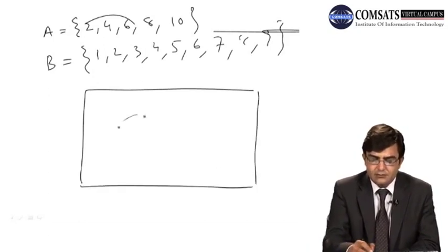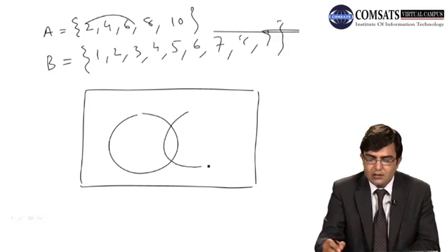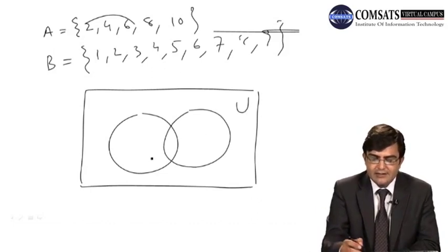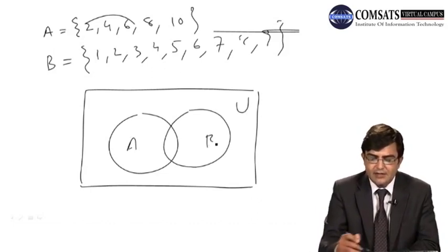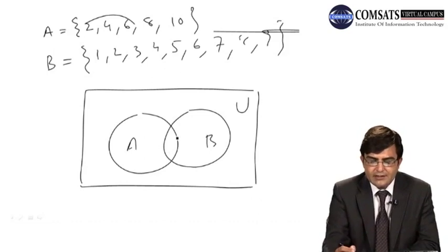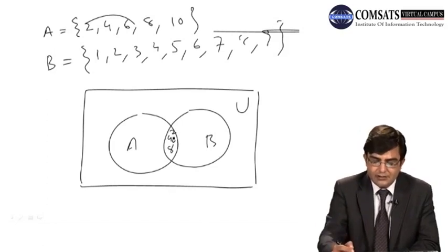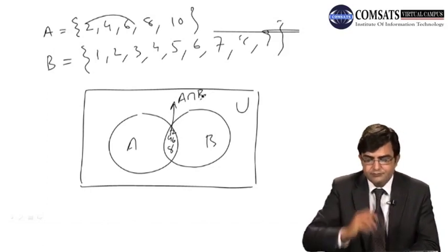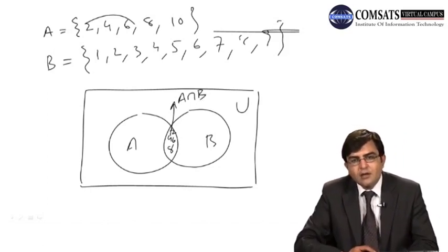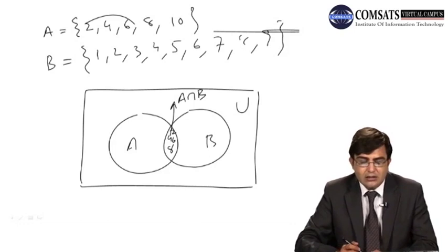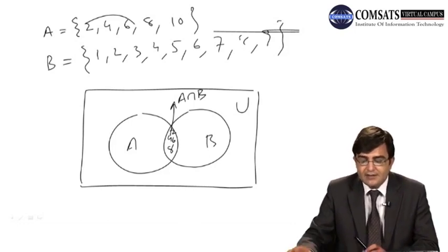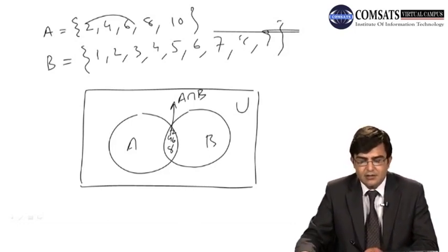With the universal set, this is set A, this is set B. In the intersection we have 2, 4, 6, 8. So this is A intersection B. This is how we express intersection using Venn diagrams.